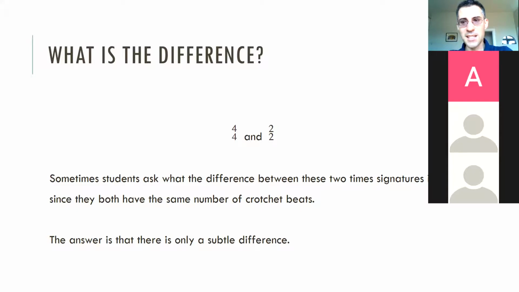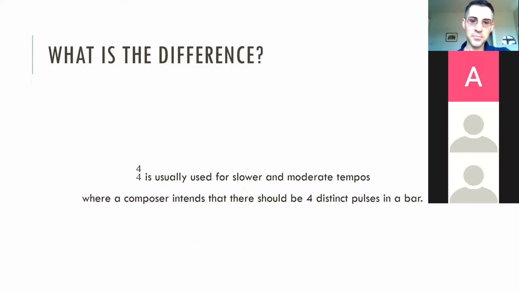And the answer there is that the difference is very, very subtle. I'll try and explain to you what that difference is. 4/4 time is usually used for moderate tempo music or slower music. Okay, so we're looking at things like at this kind of pace. 1, 2, 3, 4, 1, 2, 3, 4.